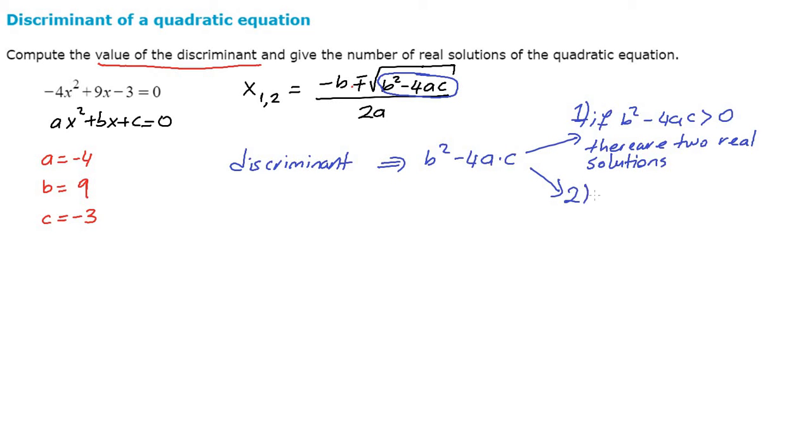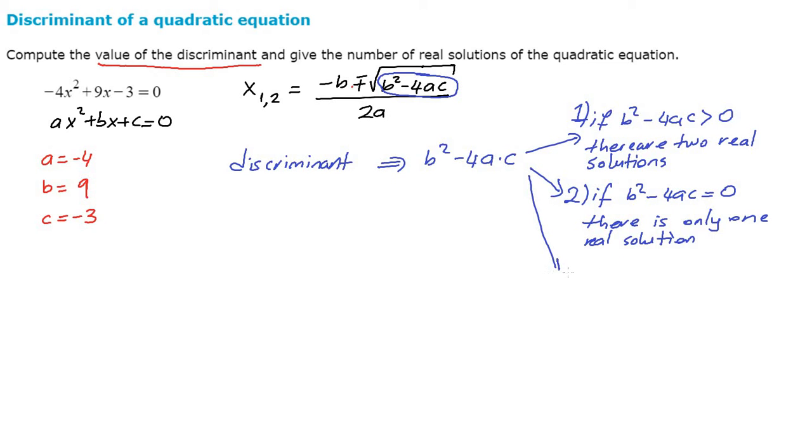Second case, if b squared minus 4ac, which is the discriminant again, is equal to 0, then there is only one real solution. There is only one value of x.